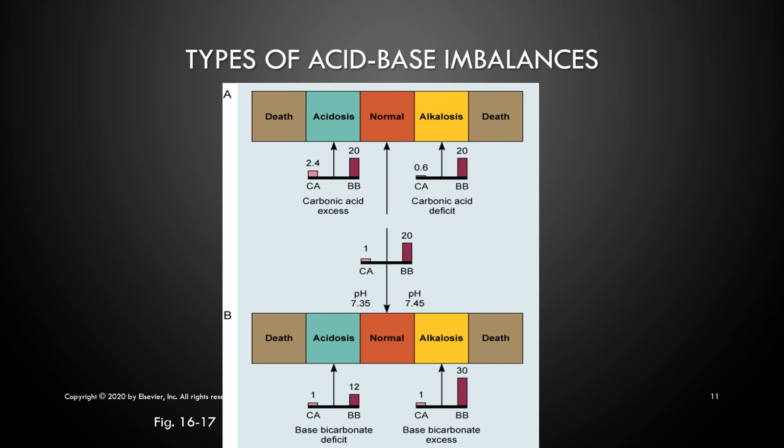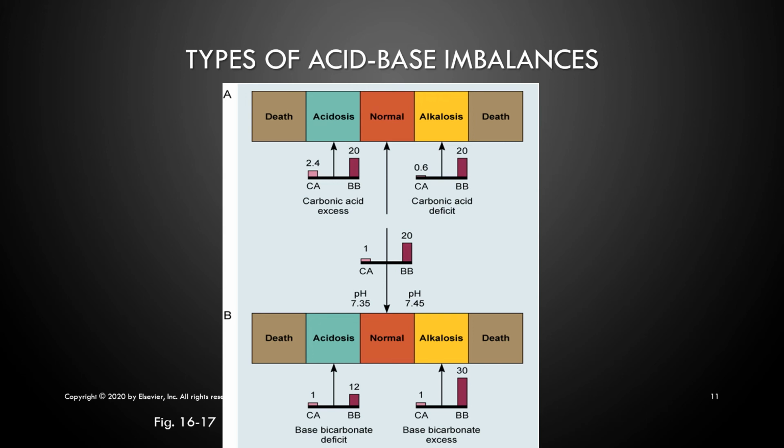So the bicarbonate is still within that normal range of 20, but our carbonic acid is what has been depleted. So our body has blown off too much of that CO2, and the result is going to be a respiratory alkalosis.